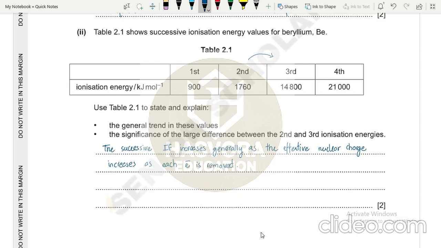And the significance of the large difference will be: there is a large difference or surge between the second and third ionization energy, which shows the shell change.